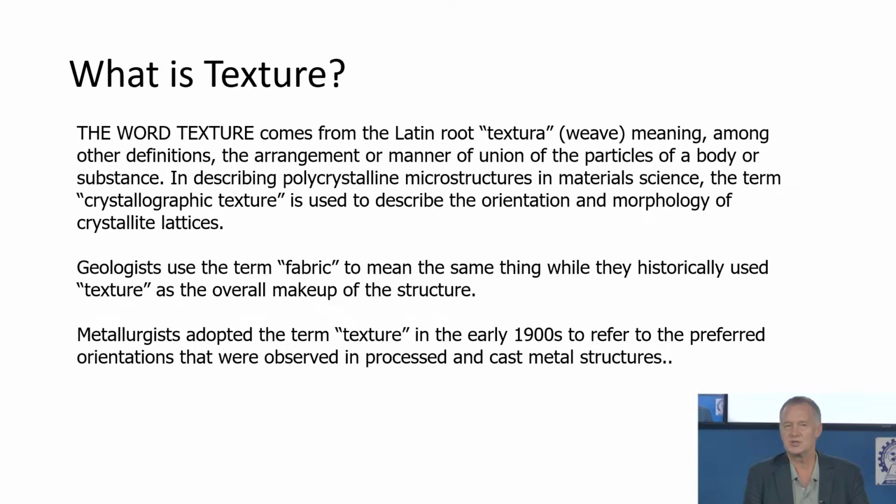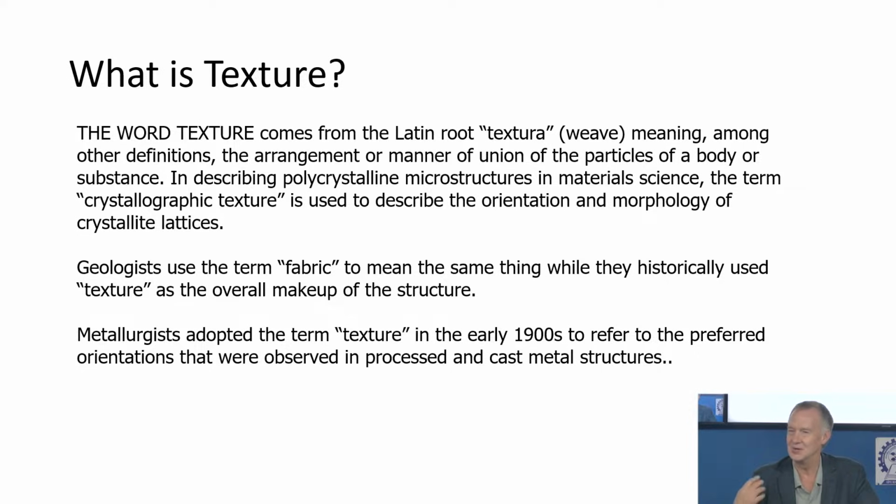Now this was first introduced actually by geologists, and geologists use the term texture for what we would call microstructure. And for crystallographic texture and preferred orientations, typically geologists use the word fabric.